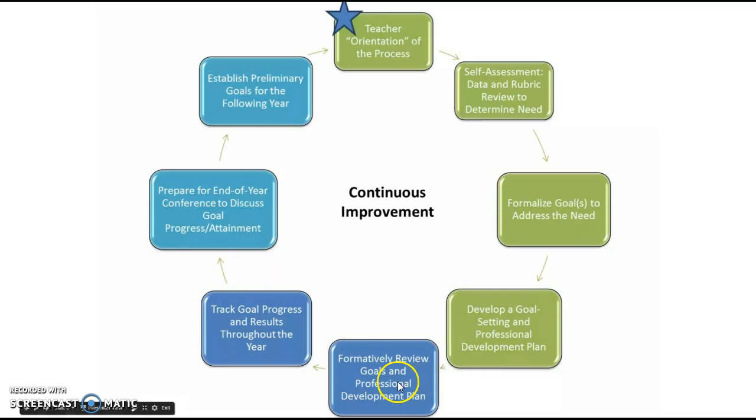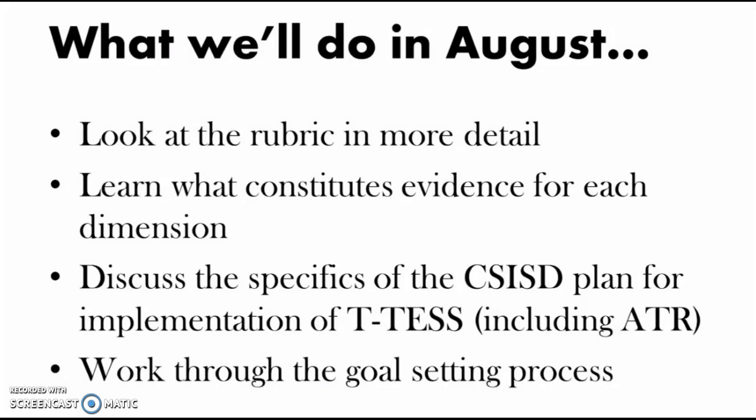And so then the cycle, you can see the review of the goals and the plan, tracking the progress and the results, and then the end of the year conferences throughout the year, or after the year has gone through. We've had walkthroughs, we've had formal evaluations, we've had pre-conferences and observations and post-conferences. All those things have occurred, and then we start preparing for the next year. So this is the outline of the continuous improvement cycle in TEA that we will begin to discuss in August.